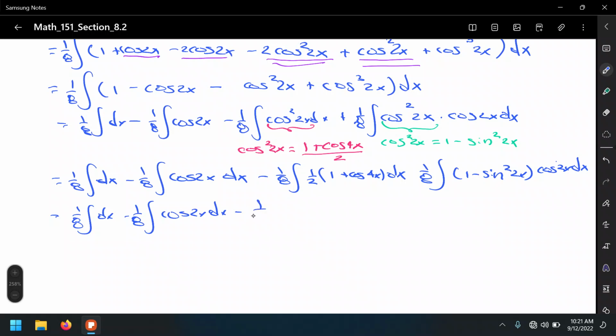That's going to become 1/16 the integral of dx when splitting with the first term, and then when distributing with the second term, this will become 1/16 integral of cosine 4x dx. I'm going to leave this integral the way it is, because in this case we're going to use a U-substitution, and this is going to work really nicely when we do that.